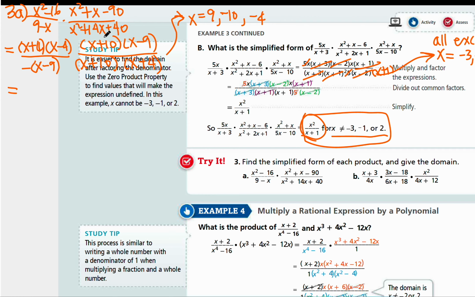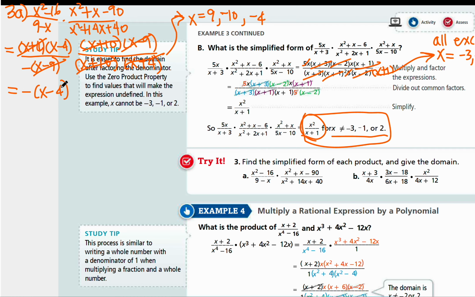And then now we can cancel out x plus 10, x plus 10, x minus 9, x minus 9. Remember, we have a negative here that we factored out. X plus 4, x plus 4. So really, at the end, we only have the negative and the x minus 4. So we'll just write negative parentheses x minus 4. Don't forget to write the parentheses, otherwise you'll have a different answer.